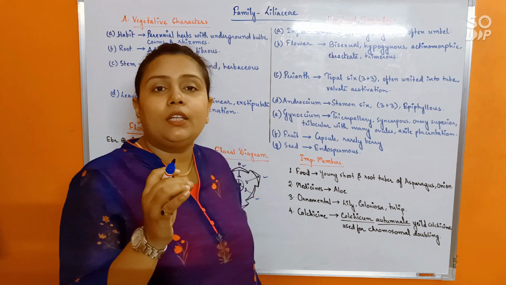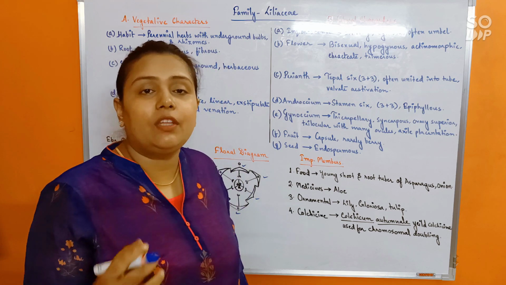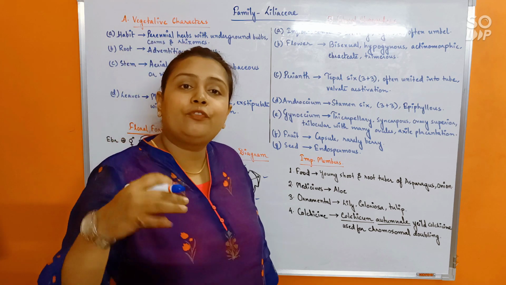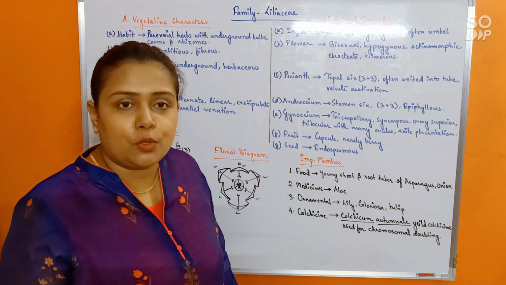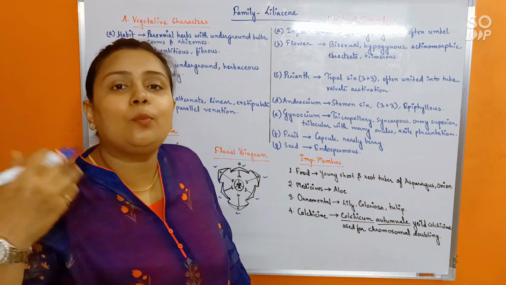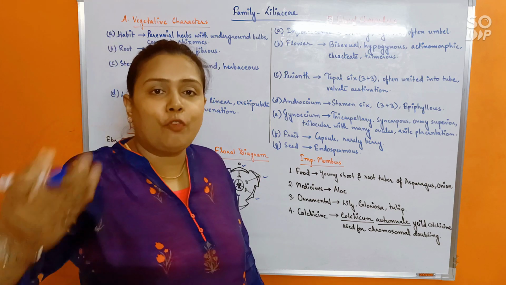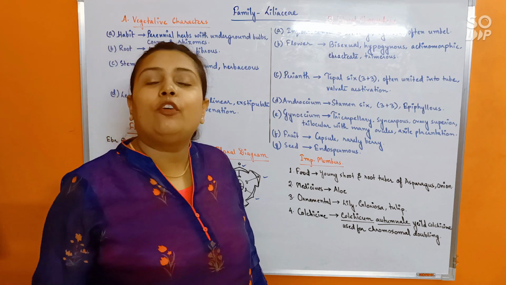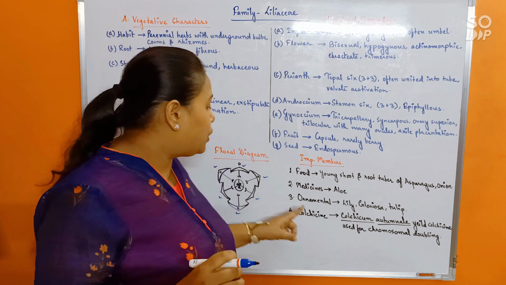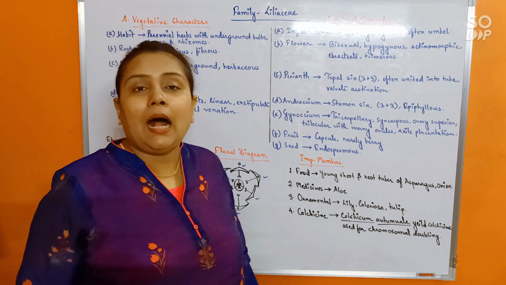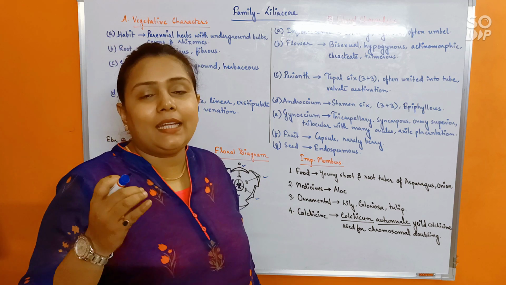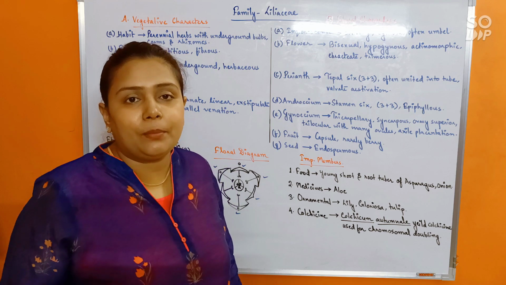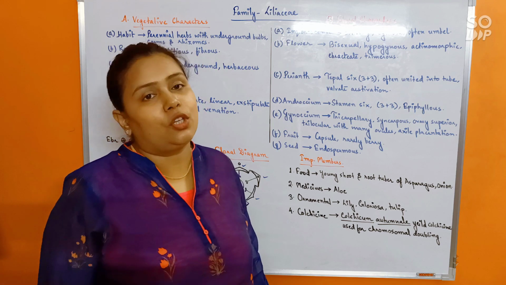In case you want a plant to be 3n, having 3 sets of chromosomes, or 4n, having 4 sets of chromosomes, that's what is called chromosomal doubling. From 2n to 4n, from 4n to 8n, that's called chromosomal doubling. For chromosomal doubling, colchicine can be used. What exactly the mechanism of colchicine treatment is, you will learn in the cell division chapter.